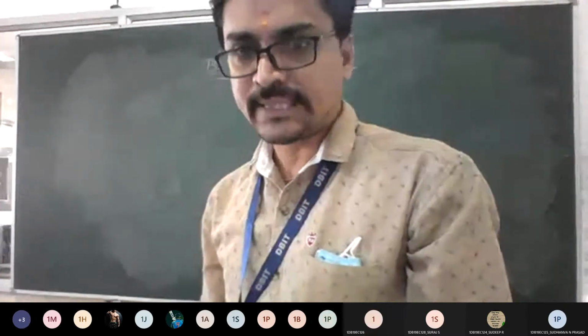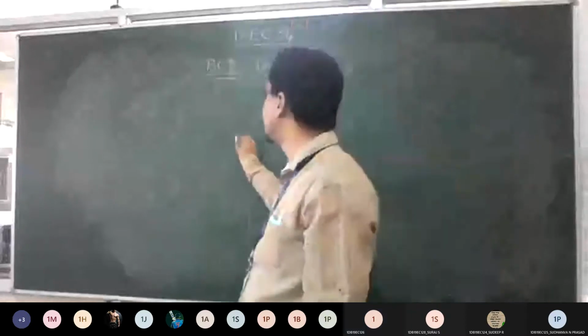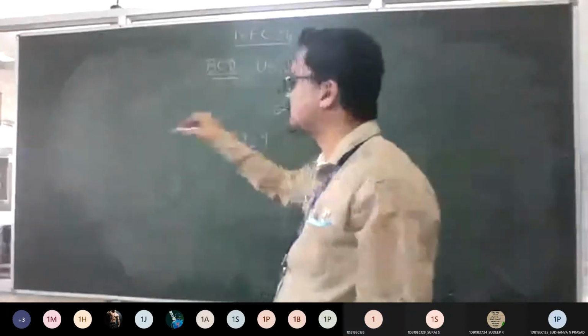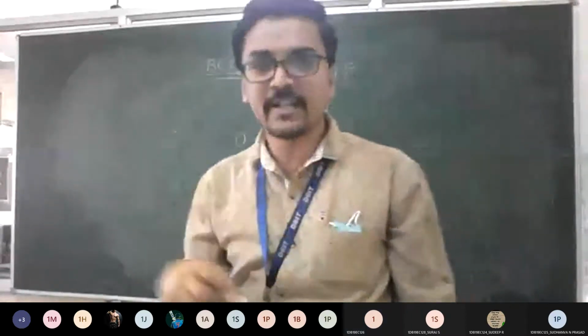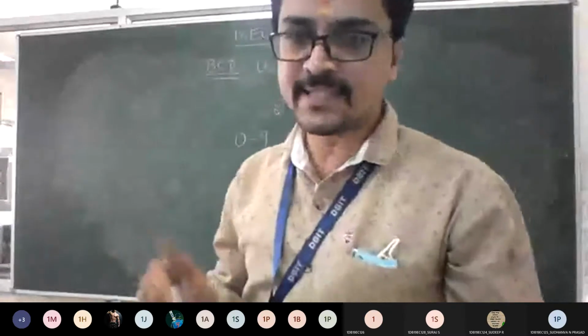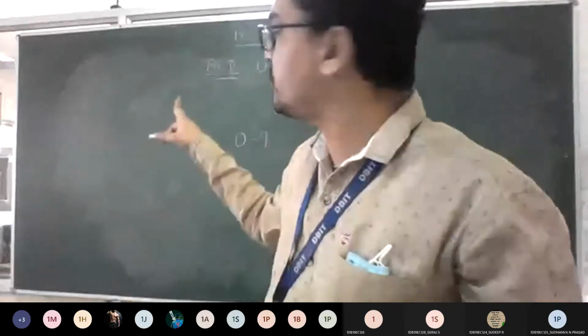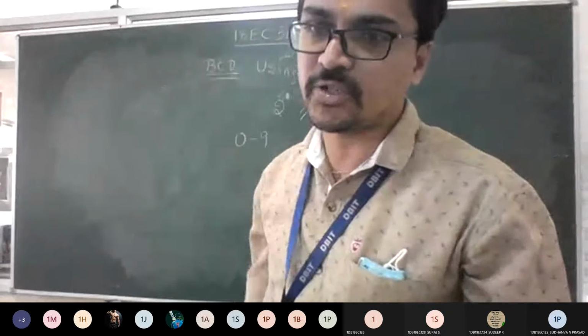10. So it means you are designating from 0 to 9. What is the meaning of BCD? Binary coded decimal. Your decimal combination for this binary number is from 0 to 9.